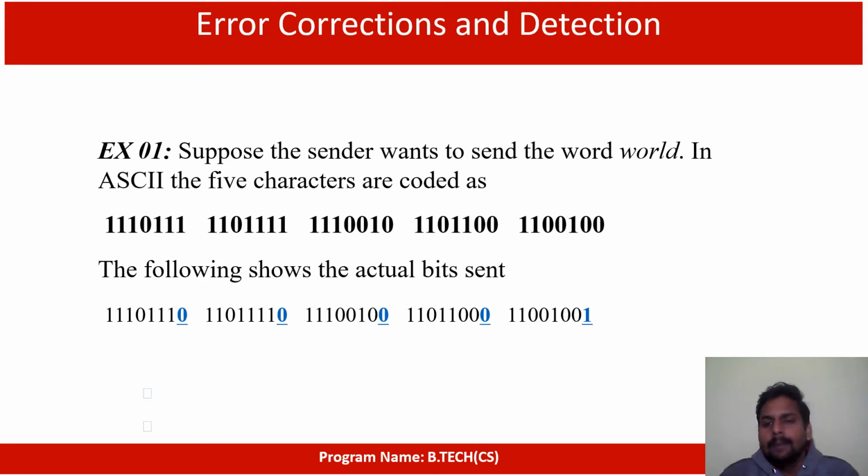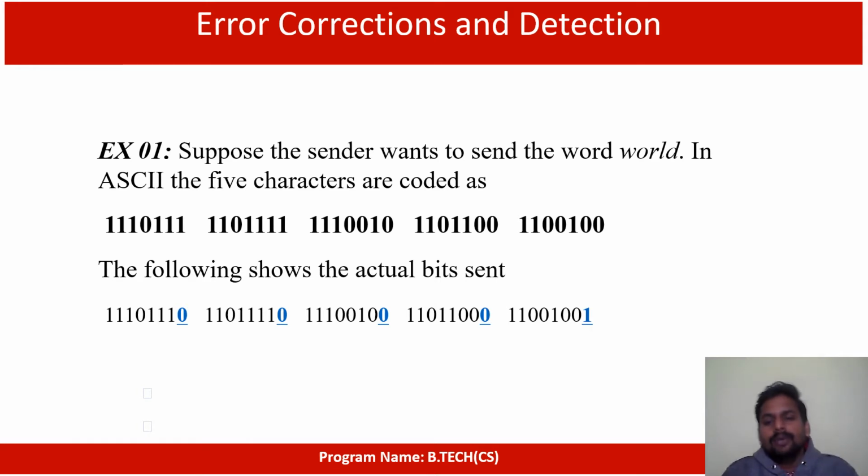But in the final letter D, you see here we are having triple one and then four zeros. That means now the number of ones is odd. If we are having an odd number of ones, then we have to make it an even number, right?